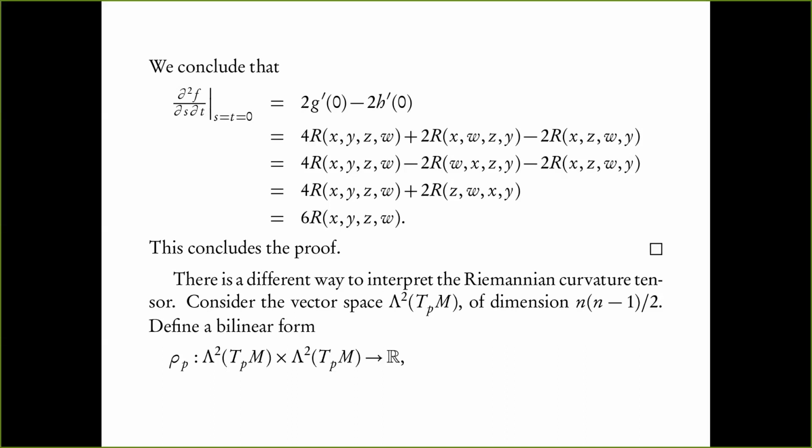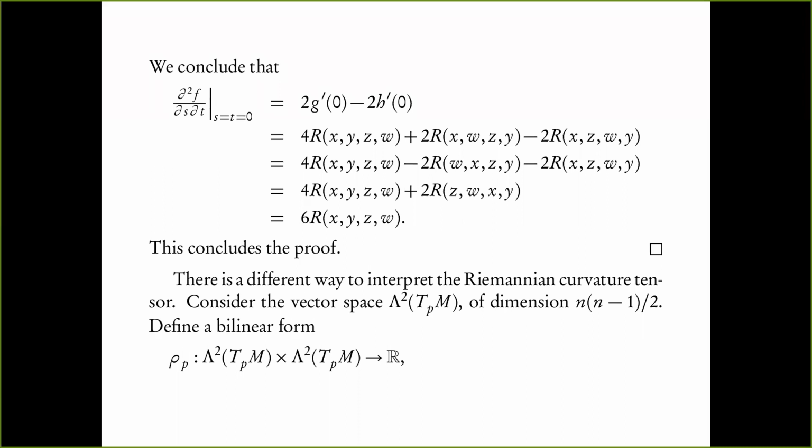I'm going to define a bilinear form, which I'm going to call rho at p, from the vector space wedge 2 of T_pM cross wedge 2 of T_pM to R. And for those of you who have been following this well enough, you should be able to guess what this could be. An element of wedge 2 of T_pM looks like X wedge Y, where X and Y are elements of T_pM.